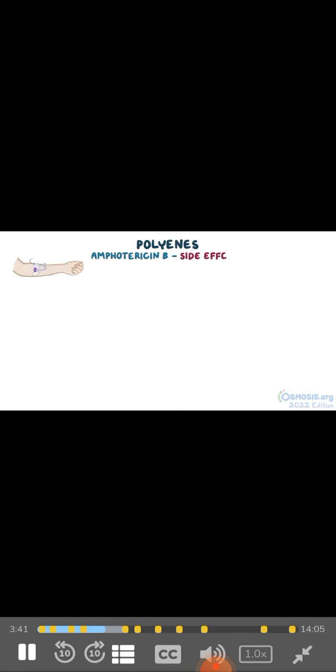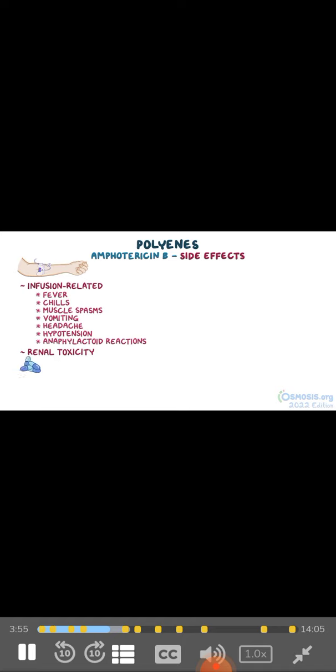Alright, now common side effects are infusion-related and include fever, chills, muscle spasms, vomiting, headache, and in more severely affected individuals, hypotension and anaphylactoid reactions. The most serious side effect is renal toxicity, which is dose-dependent and can be decreased with hydration. Anemia might also happen due to a reduction of erythropoietin production from the kidneys.